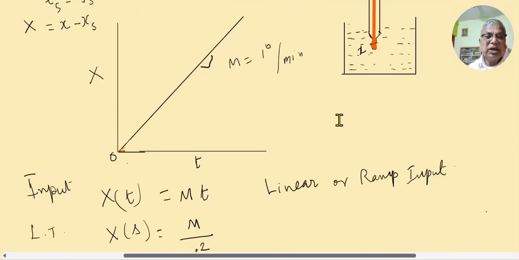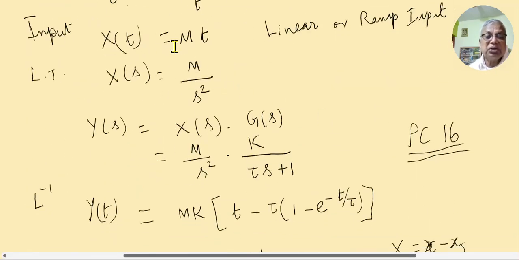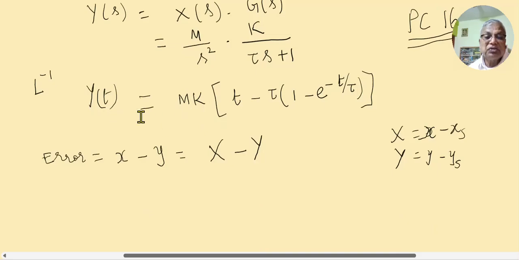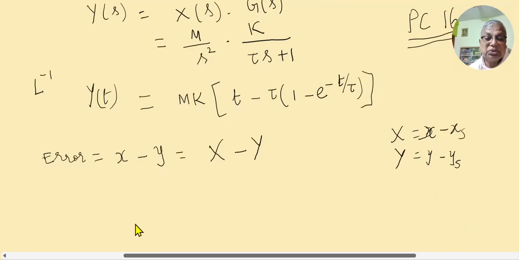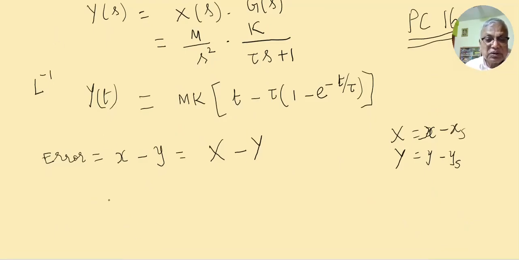So for x minus y, you have the equation for x, m into t, and you have the equation for y. So let me substitute here. x minus y equals, x is simply m into t, and y is this equation.